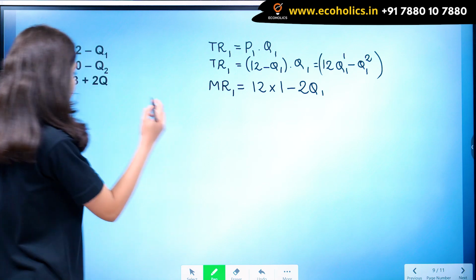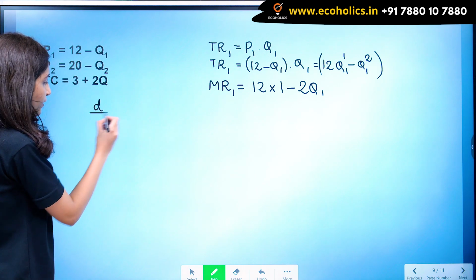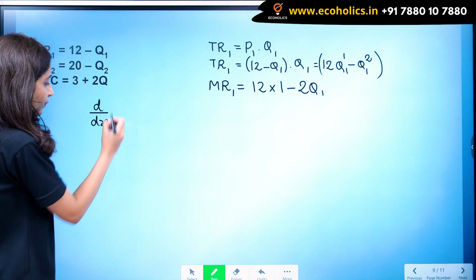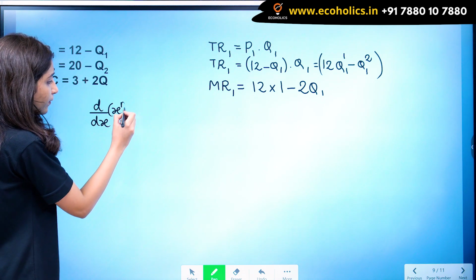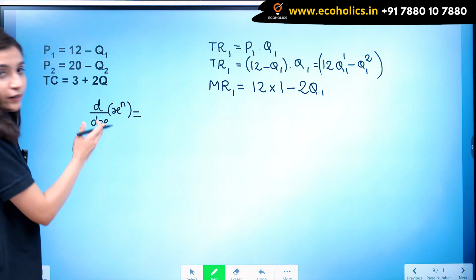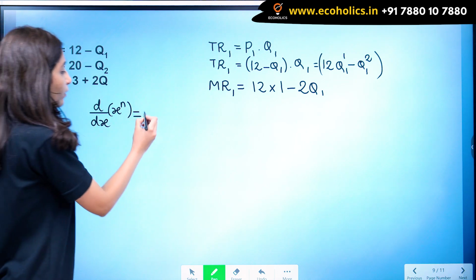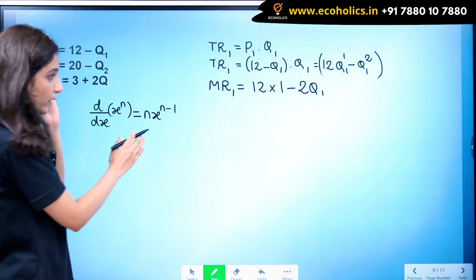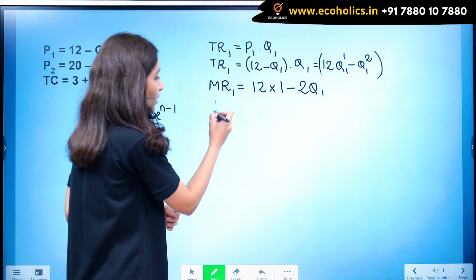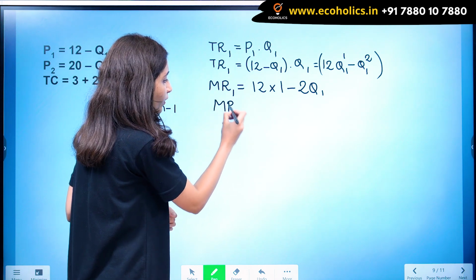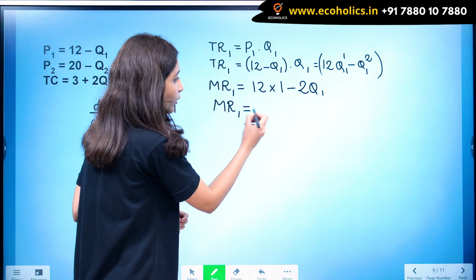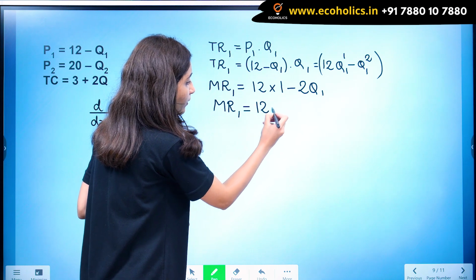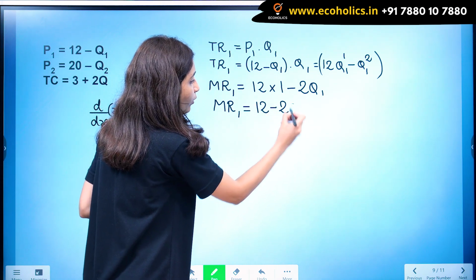We have used the same basic rule of differentiation, that is, the derivative of x raised to n is nx raised to n minus 1. So our marginal revenue in the first market is equal to 12 minus 2Q1.